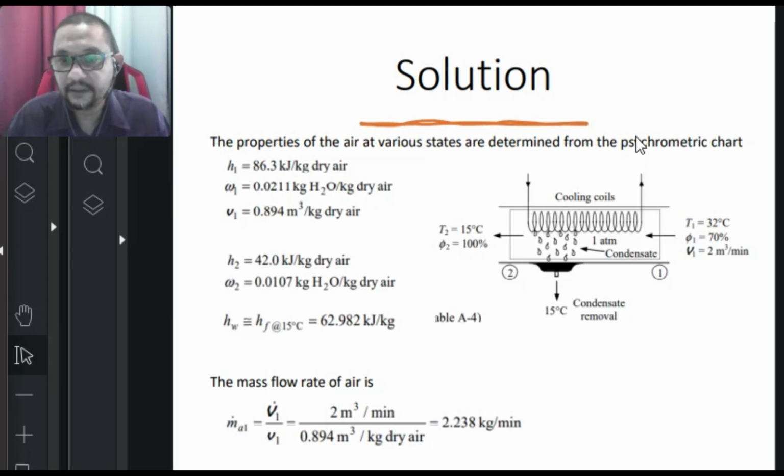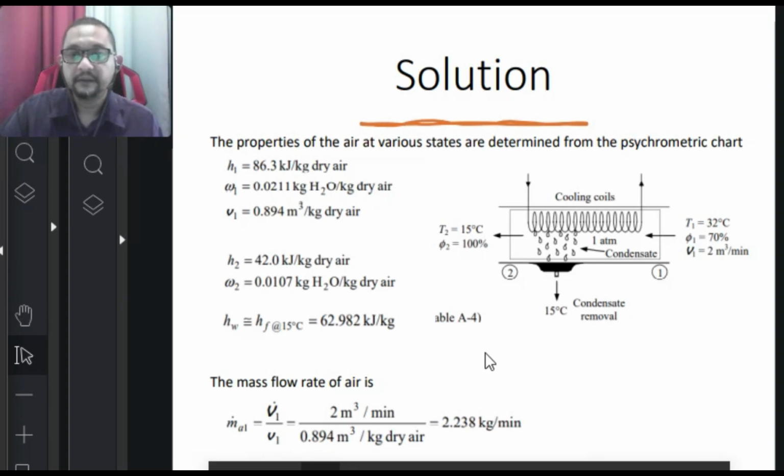By using T1 and phi 1, you get h1, omega 1, v1, and then from T2 and phi 2, you will get h2 and omega 2. Okay, as I showed you how to use the psychrometric chart, now you try to do it yourself and get this answer.